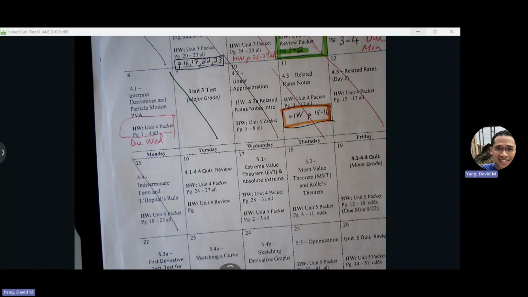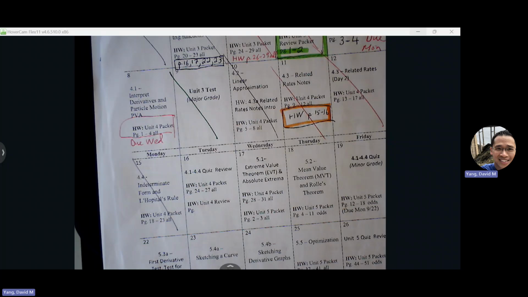Okay, so this is the curve sketching unit here. This is unit 5. Over the course of this unit, after we get through our theorems, we're going to talk about things that will help us sketch curves.